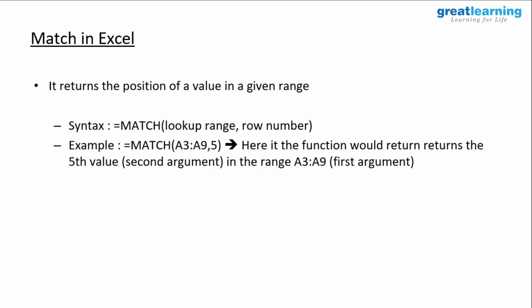So here you can see, for example, we have written match A3, A9. What this would mean is, it would look up from the third row of column A till the ninth row of column A for the fifth value. Whatever would be the fifth value, it would return that particular value to us.